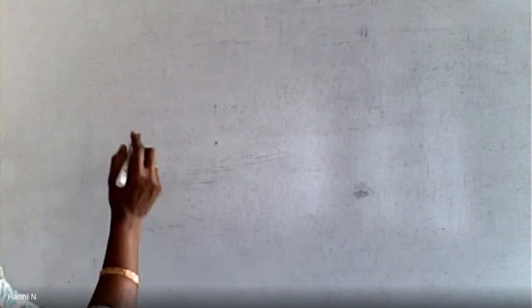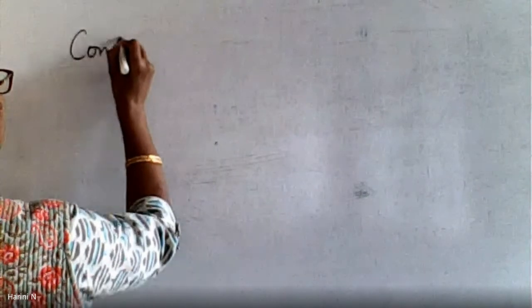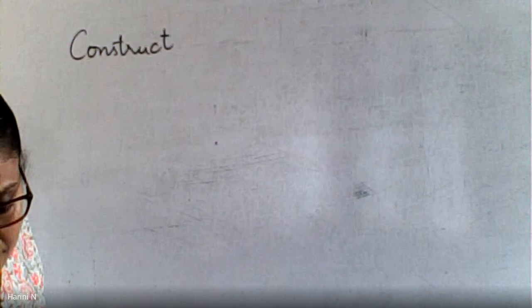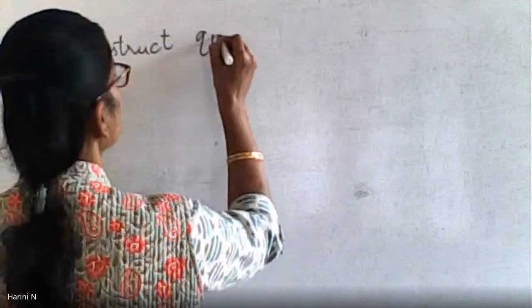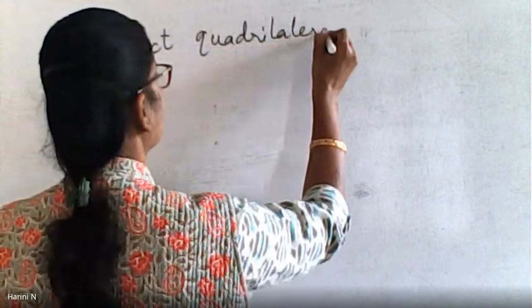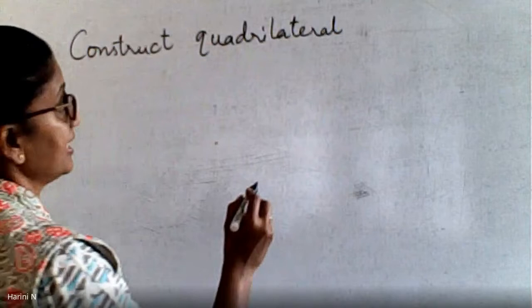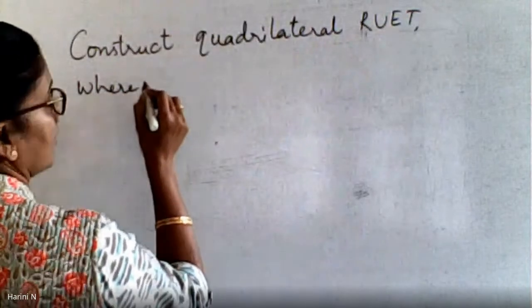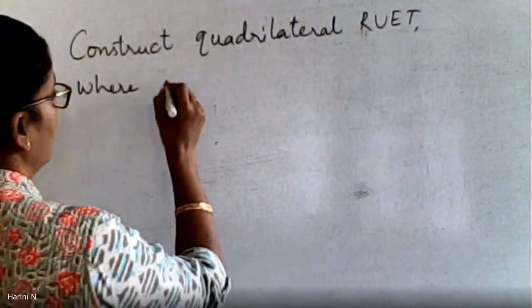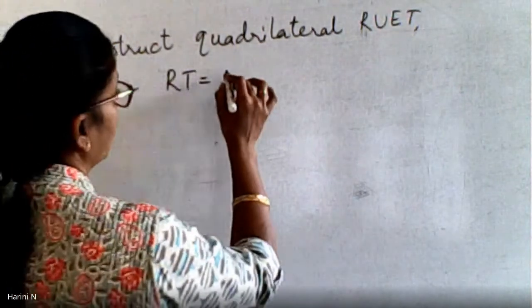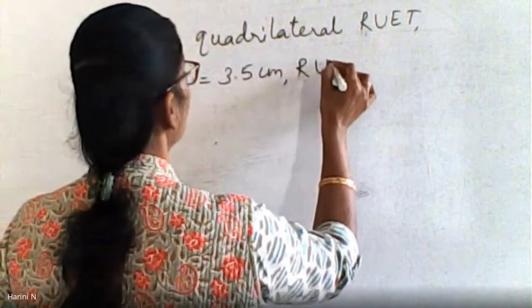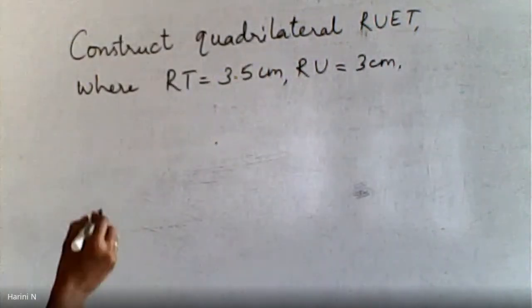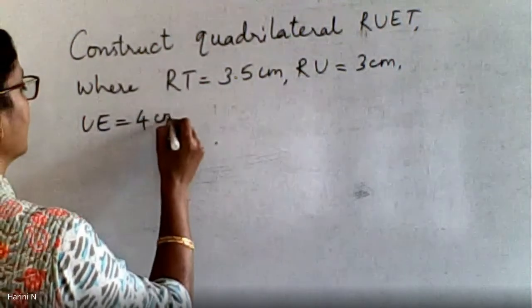So, on the top you will write construct quadrilateral RUET, where RT equals 3.5 centimeters, RU equals 3 centimeters, UE equals 4 centimeters.